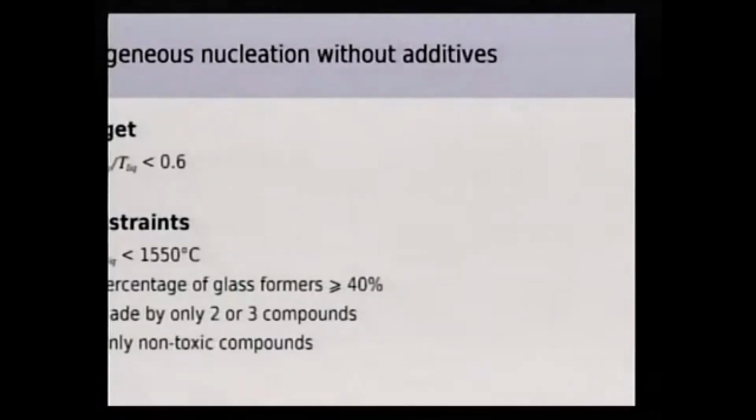So we know those that do, and we penalize compositions that do not have a minimum of glass former. For this work, we looked for simple glasses, only those made with 2 or 3 components, because as you keep increasing components, one of them can act as a nucleating agent, and we don't want that. We want true volumetric nucleation. So we limited ourselves to simple glasses. And because we were going to make them in the lab, we avoided toxic elements.